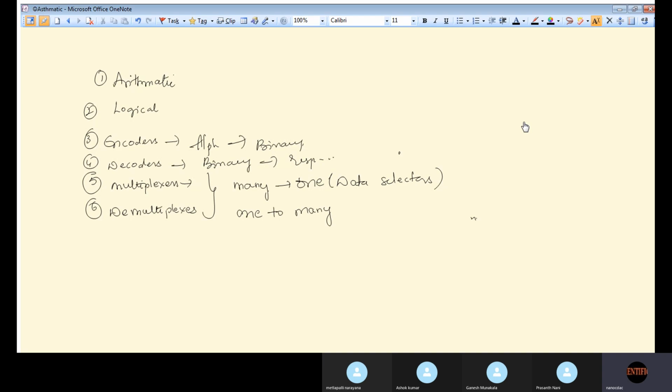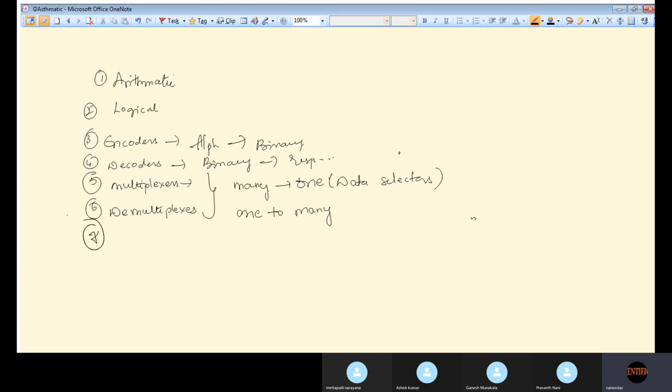One second. Okay, these are demultiplexers. They do the inverse process of multiplexing.